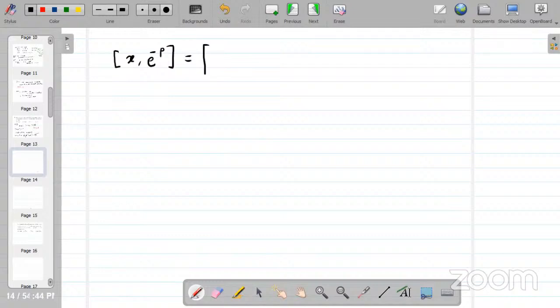So let us do it in a direct way. Expand this e power minus p in terms of the regular series. Can somebody assist me? What is e power minus x in terms of series?